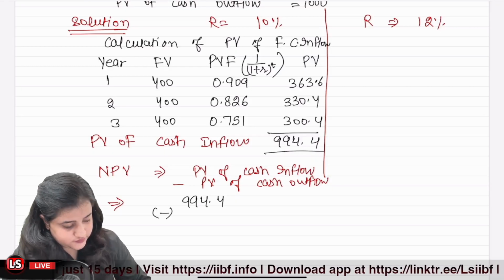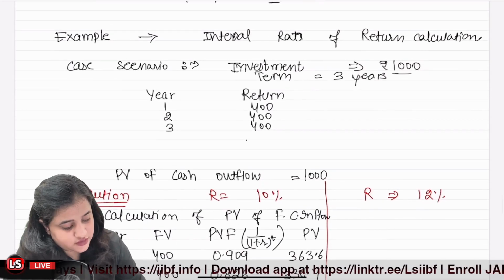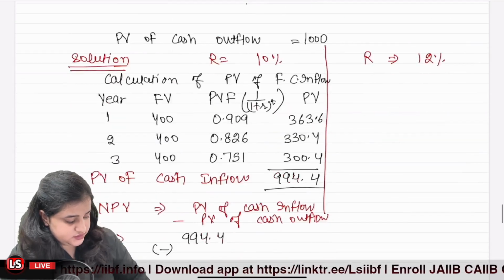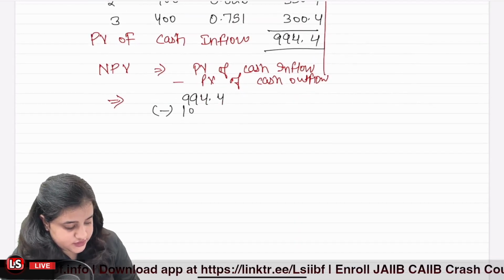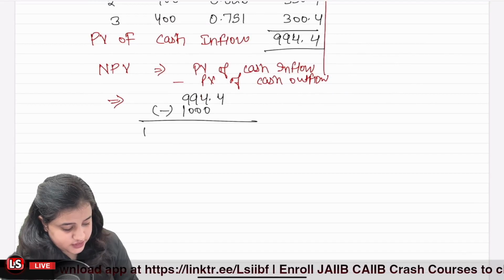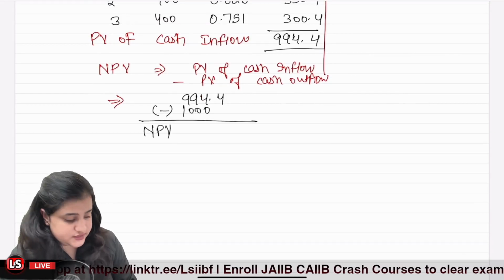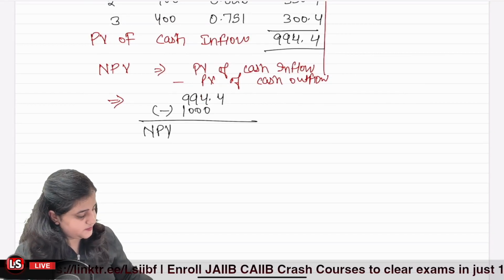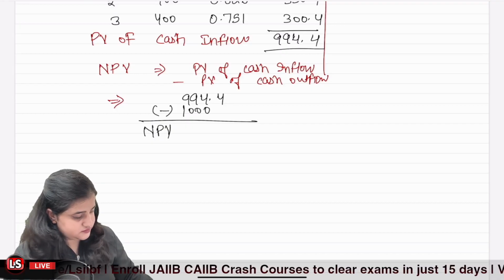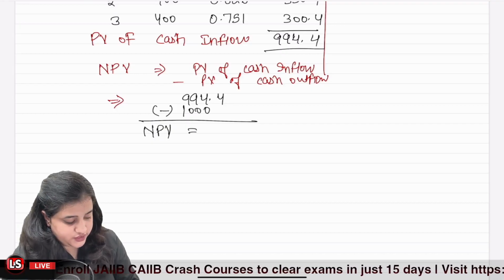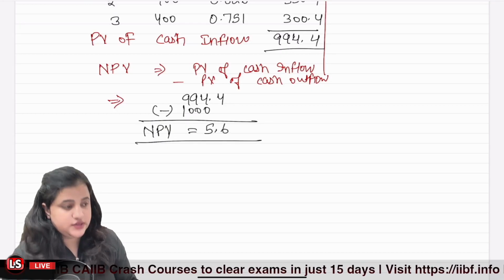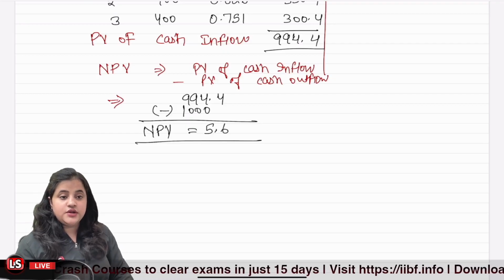Outflow is, what was the investment that I have to make? 1000. So the outflow is 1000. It means my NPV at 10% is minus 5.6.